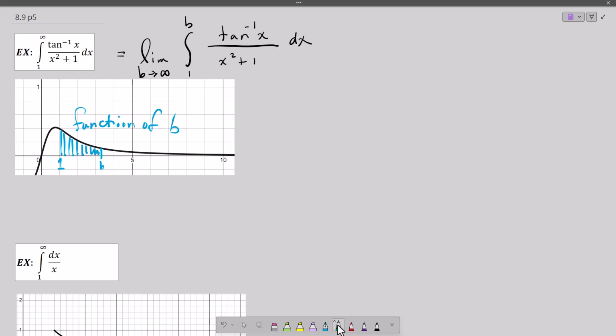And the derivative of arctan is 1 over 1 plus x squared, or 1 over x squared plus 1, doesn't matter how you write the denominator. So we see the derivative of arctangent is there. So u substitution is going to work really nicely here. If we let u be arctan of x, then du is 1 over 1 plus x squared dx.